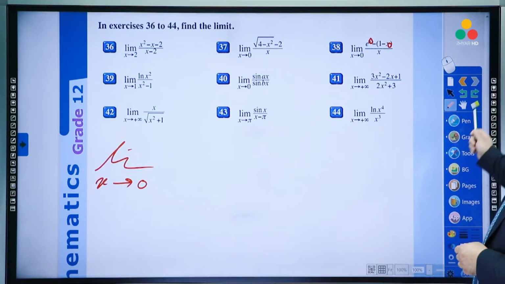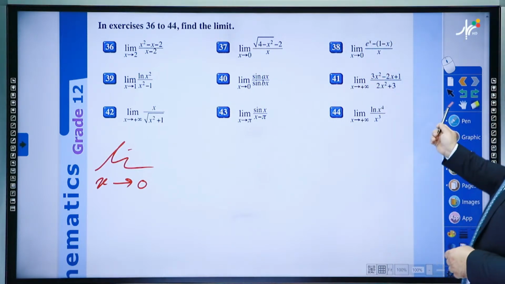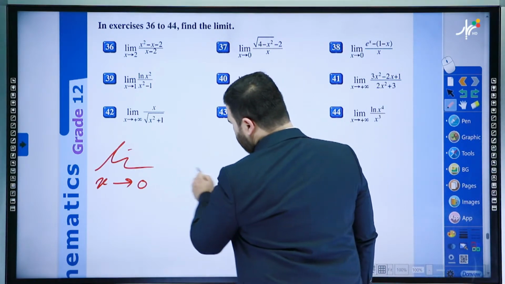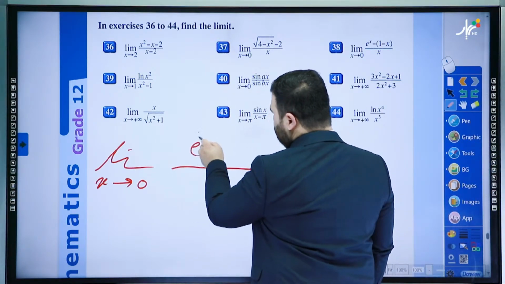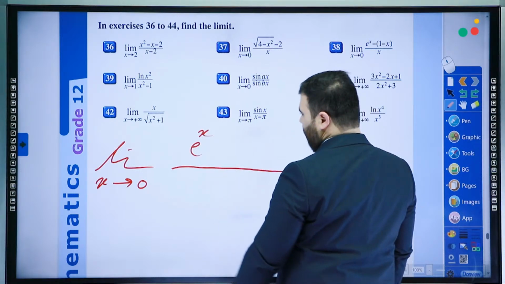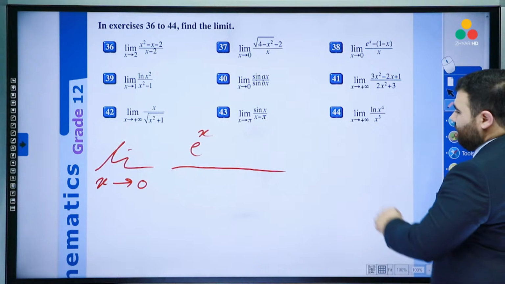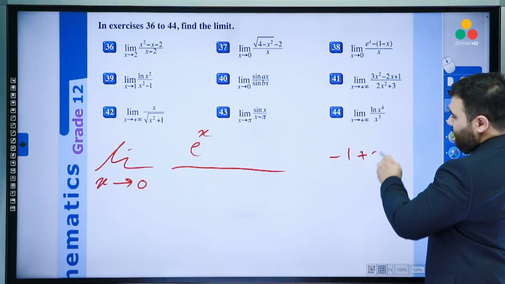Now, L'Hopital's rule is derivative of up and derivative of down alone. Derivative of e^x is e^x, same thing. This minus, if we give it to inside, it will be negative 1 plus x.